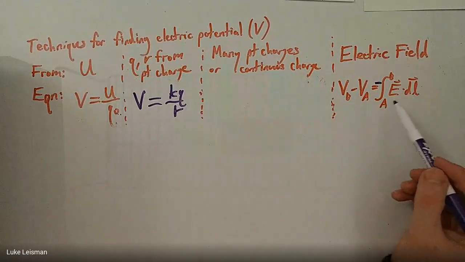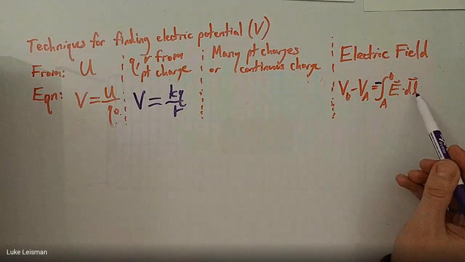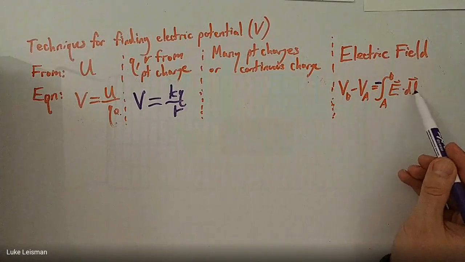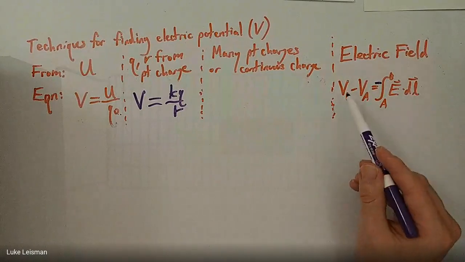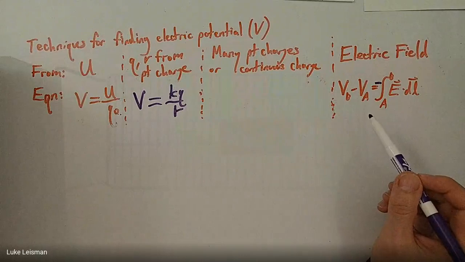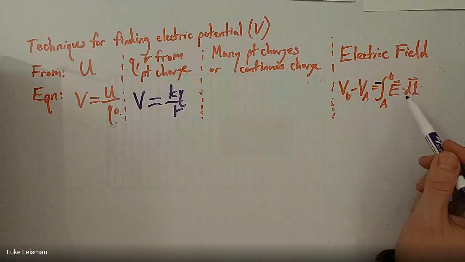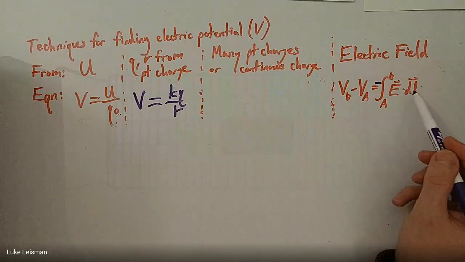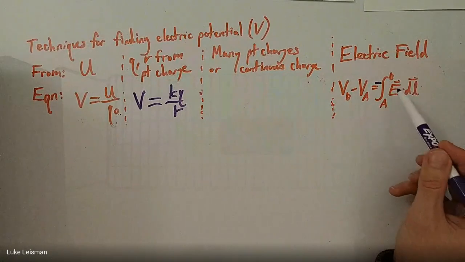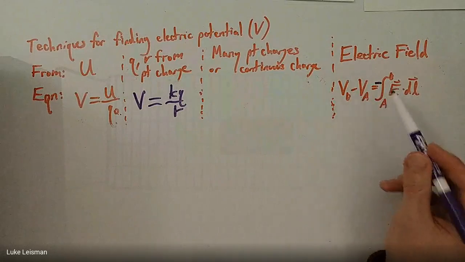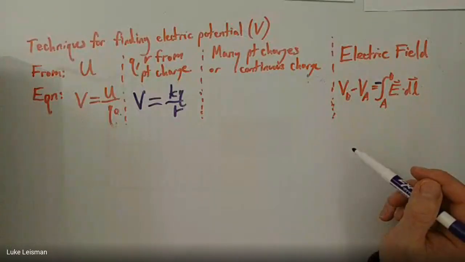And we know that there's a connection between electric field and the path that you walk through an electric field and the change in potential. This is very similar to work done, right? There we do force over some path changes your energy. Here, electric field over some path changes your potential.